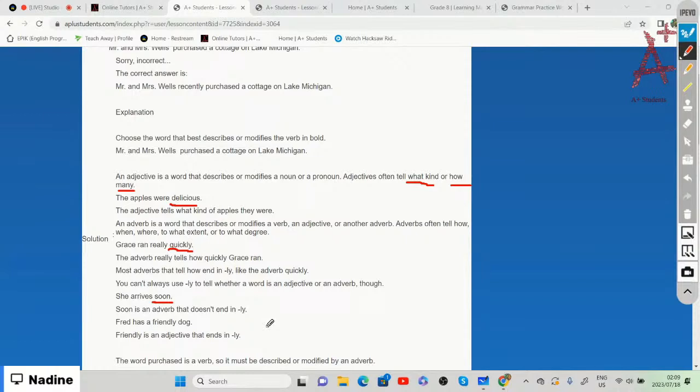So I even mentioned that even though we have adverbs that end in ly, that doesn't necessarily mean that it is only an adverb that ends in ly. We can also have adjectives that end in ly. An example is, Fred has a friendly dog. So what kind of dog does Fred have?